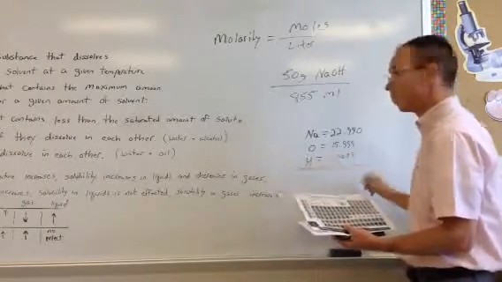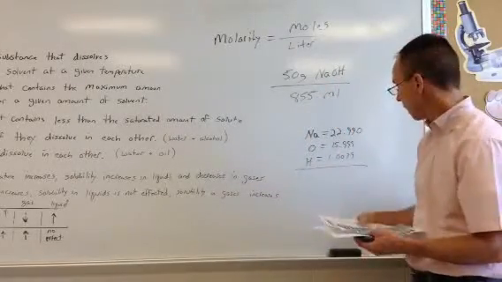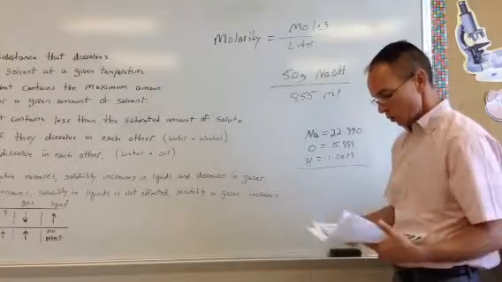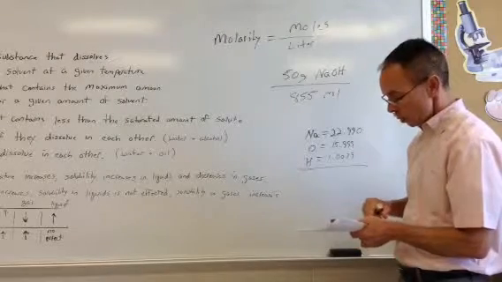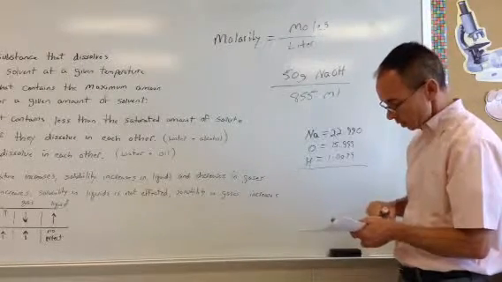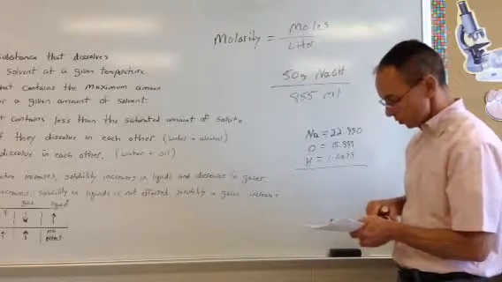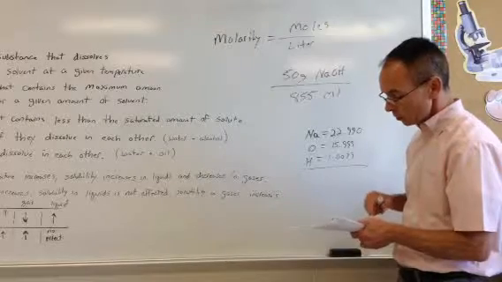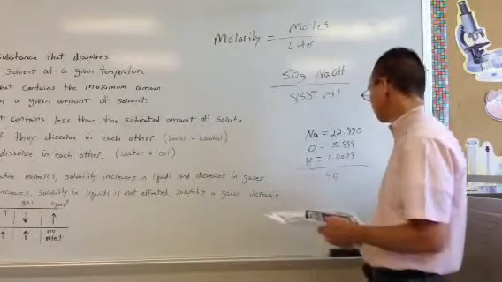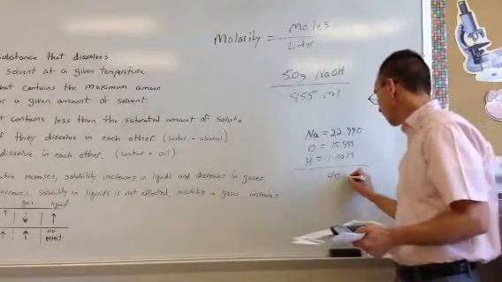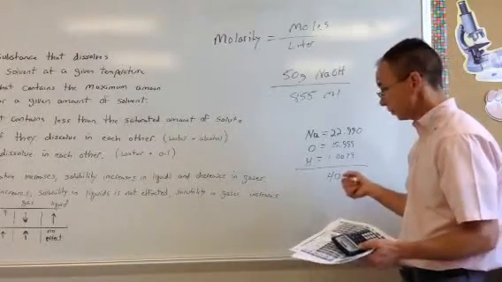The combined weight is going to be the weight of 1 mole of sodium hydroxide. So let's add those up. 22.990 plus 15.999 plus 1.0079 gives me 39.9969, or I'm going to round it to 40. 40 atomic mass units, or 40 grams per mole.